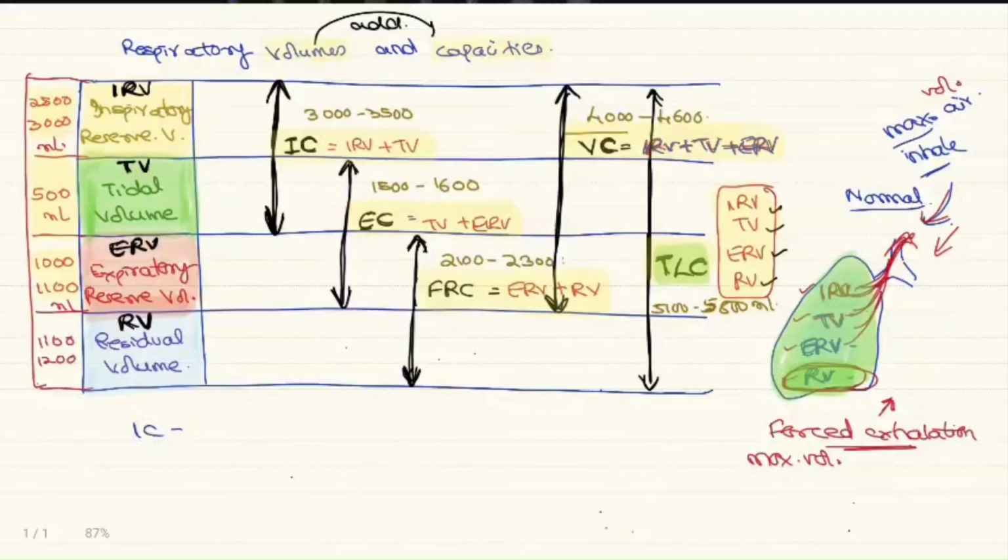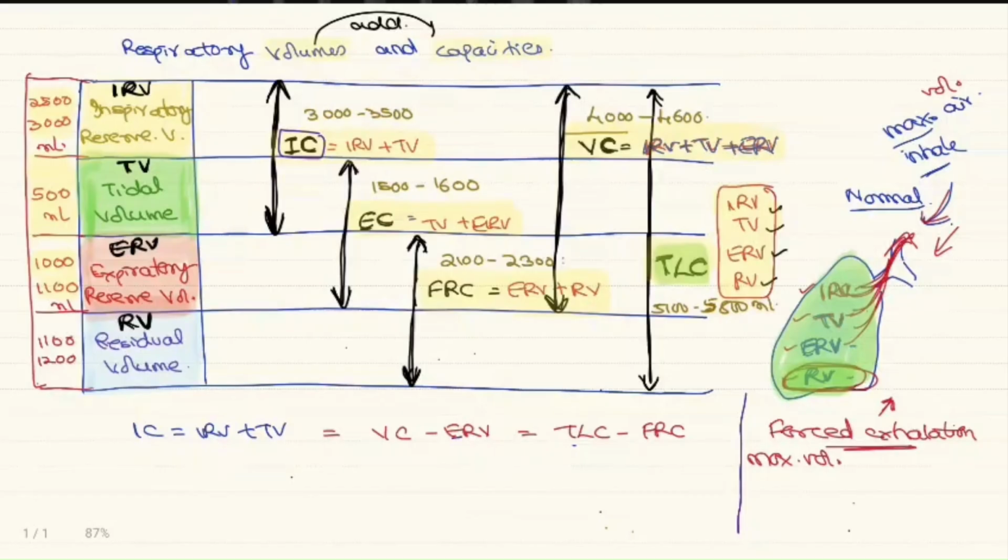So let's quickly revise. IC is IRV plus TV, which is also equal to VC minus ERV, which is also equal to TLC minus FRC, and so on. So try to focus on the alternatives of these formulas.